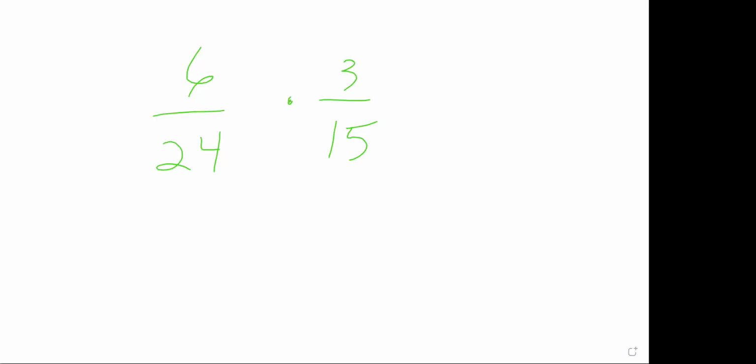Now, the first thing, or probably the fastest way to do this, is to multiply across. So someone would decide to do that. Well, that should work, but what you're going to have is that you have 6 times 3 is 18. 24 times 15 is 360.